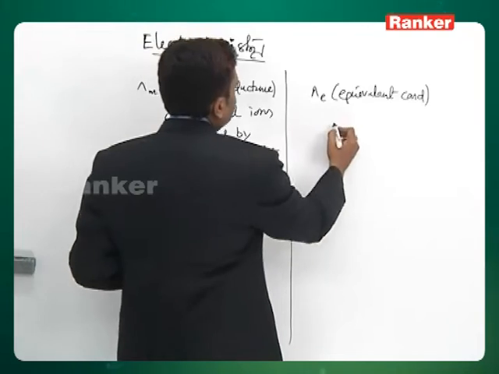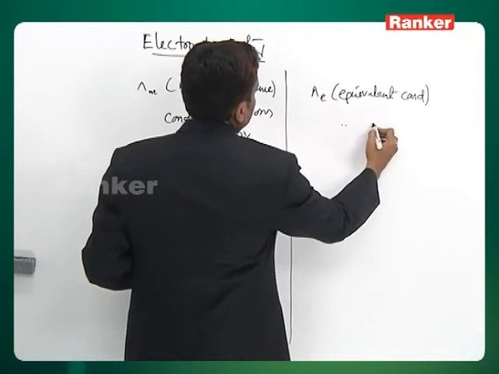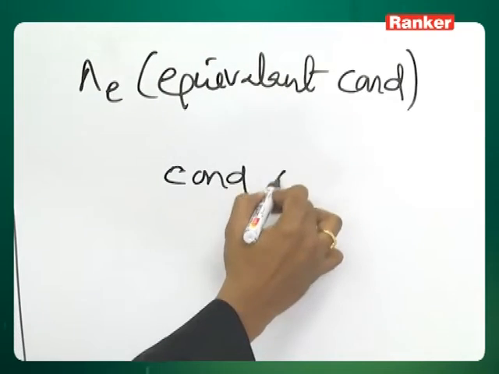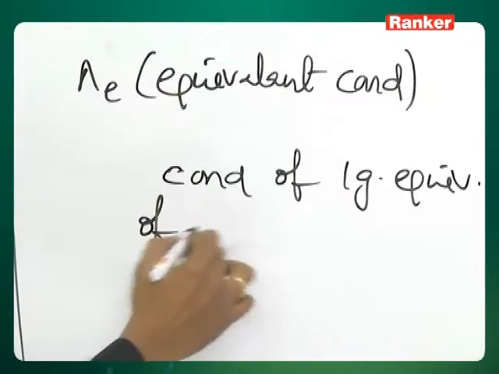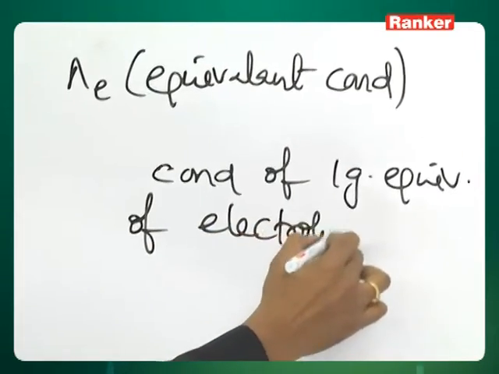The equivalent conductance is the conductance of 1 gram equivalent of the electrolyte.